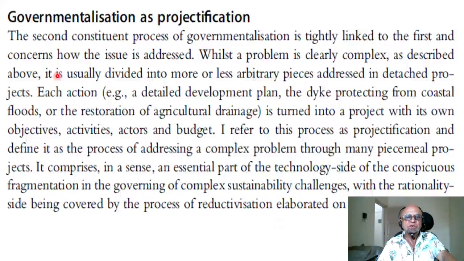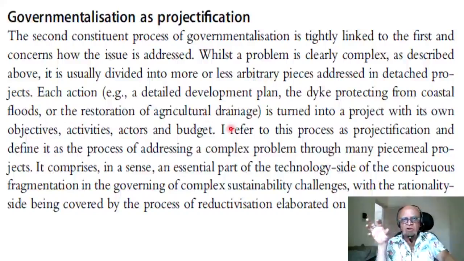So governmentalization as projectification, then the second constituent process of governmentalization, is tightly linked to the first and concerns how the issue is addressed. Whilst the problem is clearly complex, as described above, it is usually divided into more or less arbitrary pieces addressed in detached projects. Each action, for example, a detailed development plan, the dike protecting from coastal floods, or the restoration of agricultural drainage.